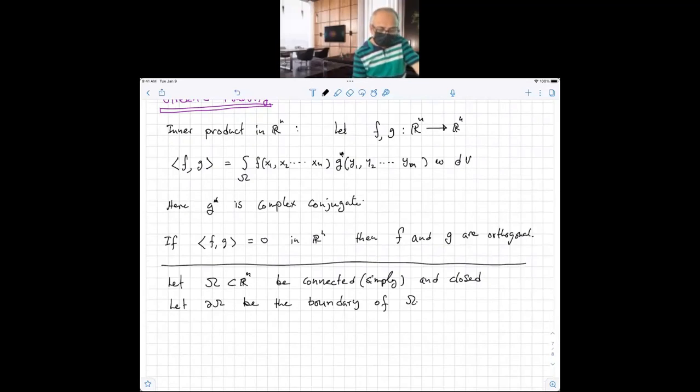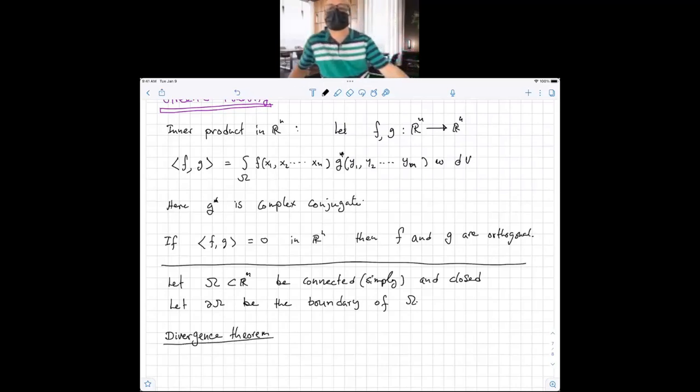So let's recall the divergence theorem. Can any of you tell me what the divergence theorem is? Okay. The divergence theorem is just a vector field diverging.